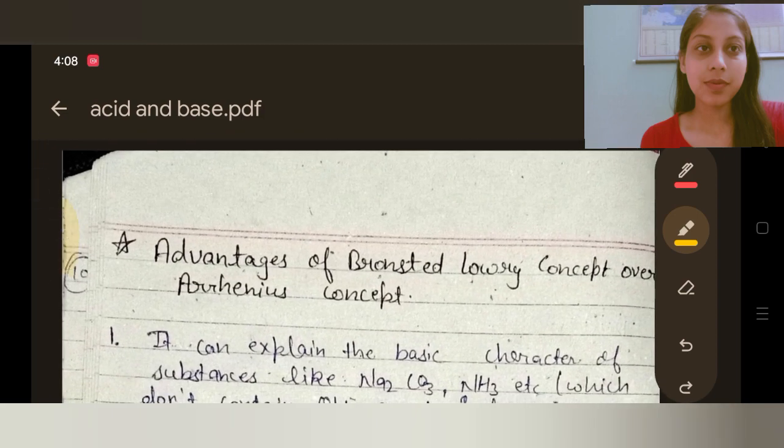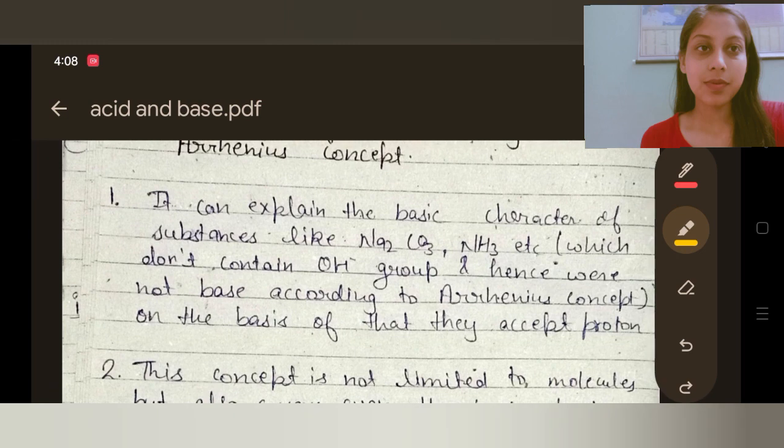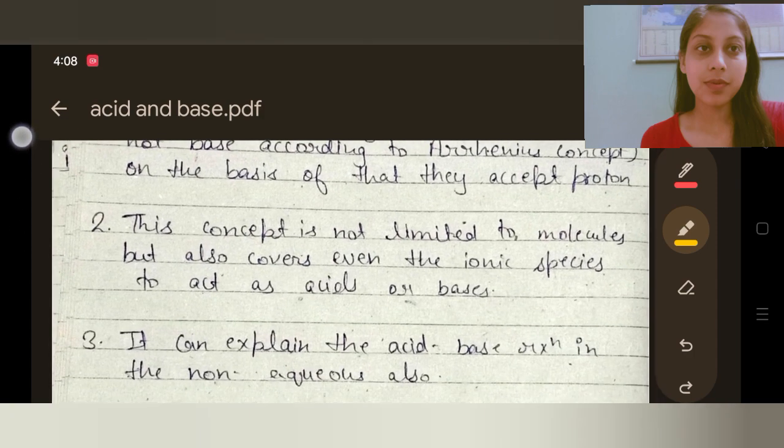Now, advantages of the Bronsted-Lowry concept over the Arrhenius concept. First, it can explain the basic character of substances like Na2CO3, NH3, etc., which do not contain an OH group and hence were not bases according to the Arrhenius concept, on the basis that they accept a proton.